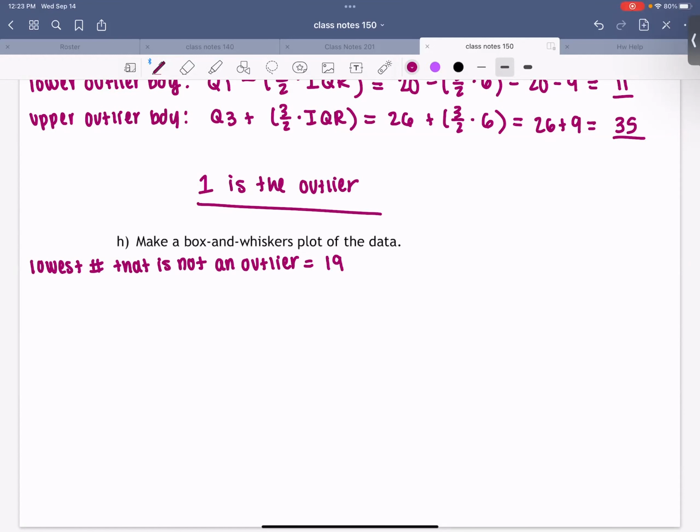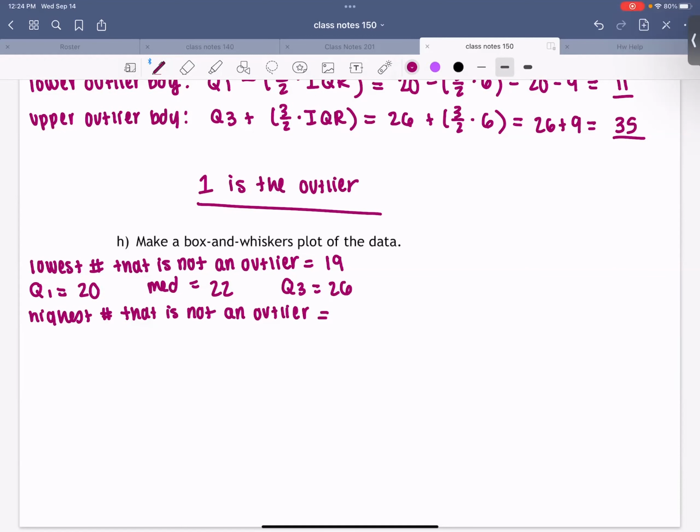Okay, I'm going to write Q1, the median, and Q3 just to remind myself what they are. So 20, 22, and 26. Finally, I'm going to write the highest number that is not an outlier. Okay.